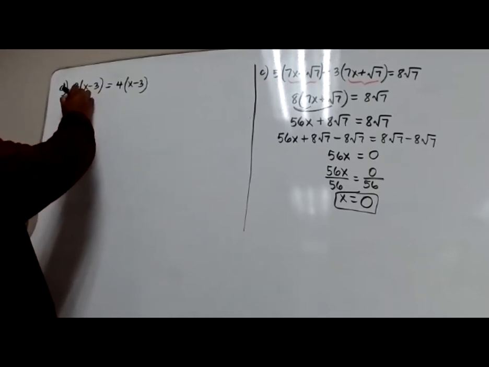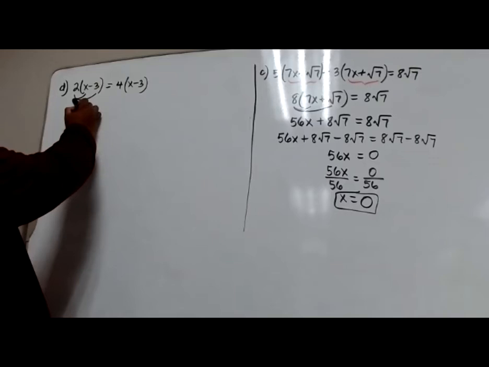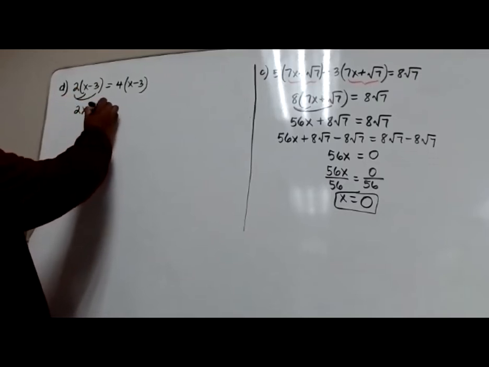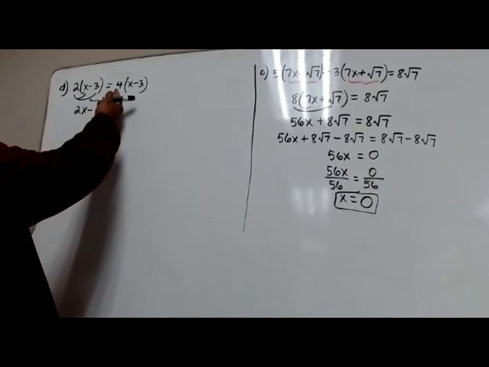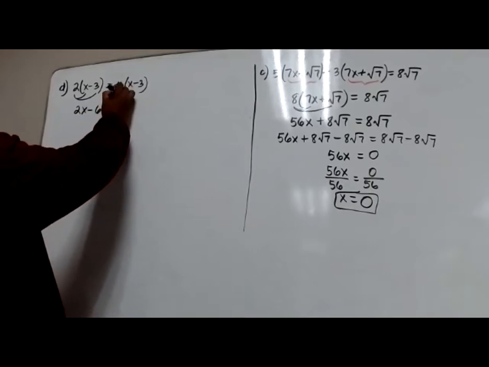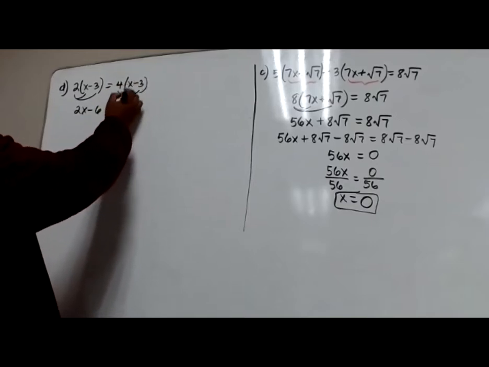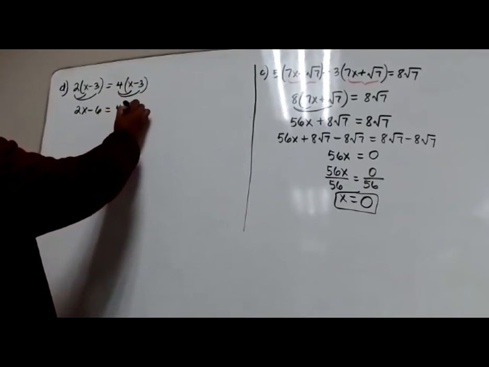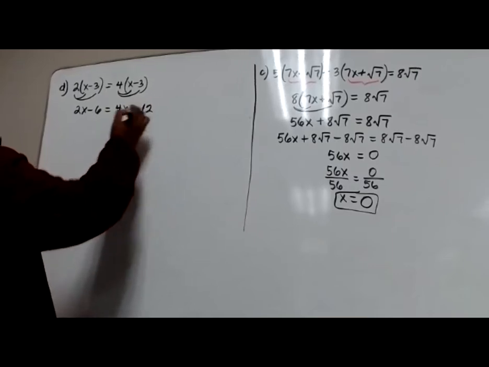So 2 times x is 2x minus 2 times 3, which is 6. And then 4 times x is 4x minus 4 times 3, which is 12.